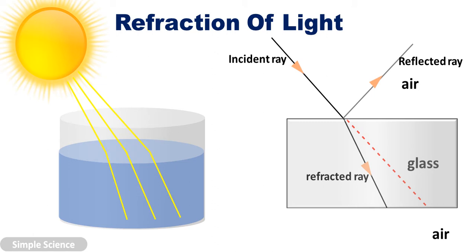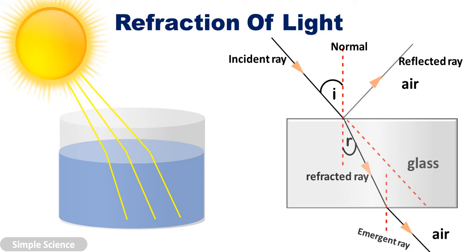This bent ray, the ray which changes its direction when it is passing from air to glass, is called the refracted ray. And if you draw a normal, it is bending towards the normal. The angle between the incident ray and normal is called the angle of incidence I, and the angle between the refracted ray and normal is called the angle of refraction R. If you draw a normal at the second surface, when light travels from glass to air, again it bends.